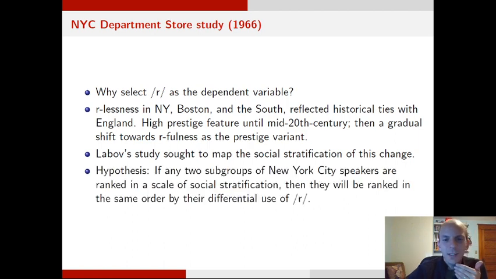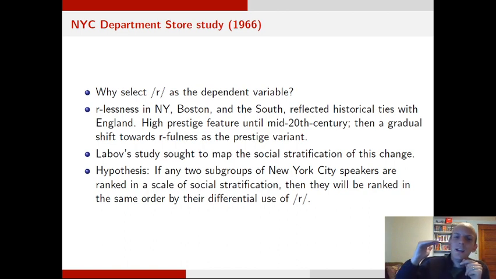Given that R-fullness is the higher prestige variant and R-lessness is the lower prestige variant, Bill Labov's hypothesis was that speakers would exhibit the higher or lower prestige variant more based on where they stood on a socioeconomic prestige rating.